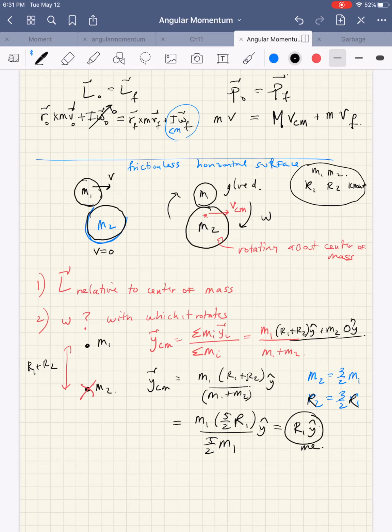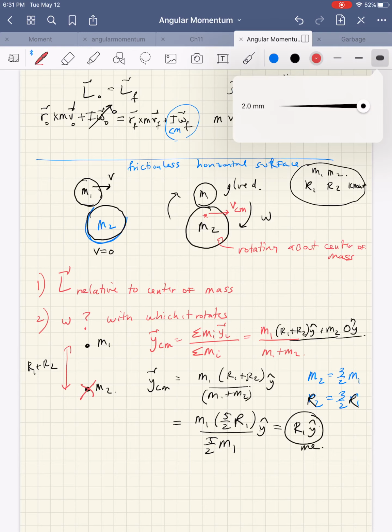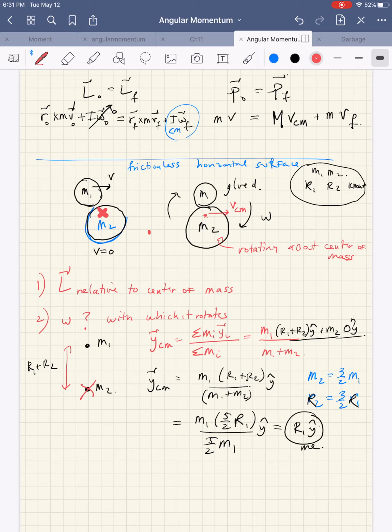It gave me a good idea of approximately where the center of mass is, so I'm going to mark it here. It's around here for me. If this is the center of M2, mine was about R1 away, and that was equal to the y center of mass value. And when I move over here, it's still around here. That's where I predicted it earlier.